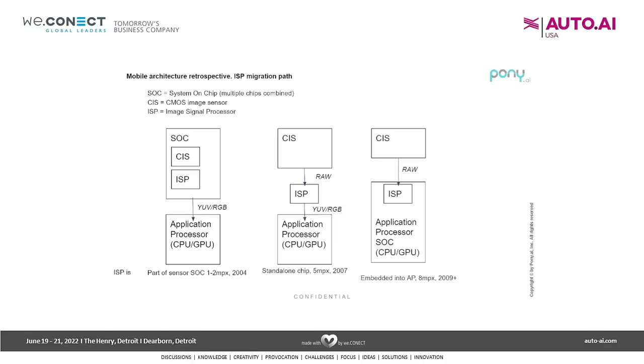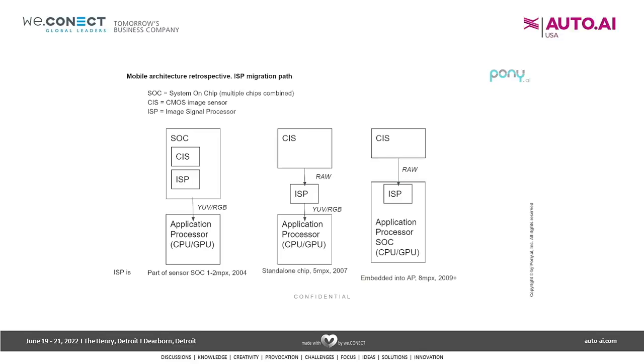And then around 8 megapixel, which is where automotive is right now, it became a separate chip. And this is what most cars are running. The ISP chip, which controls the sensor, is a standalone chip, like from Geok semiconductor or many other products. And the GPU is a separate unit.